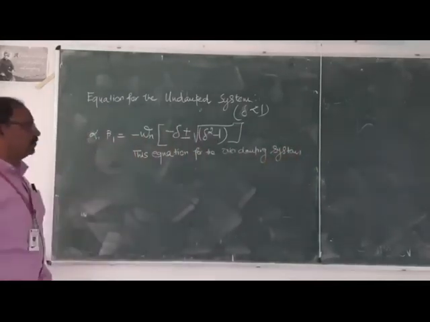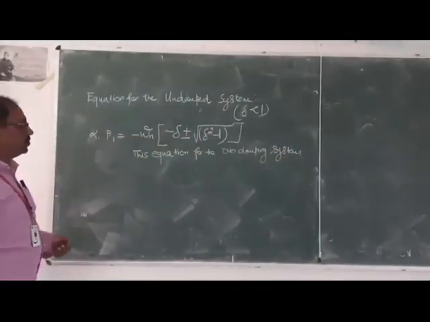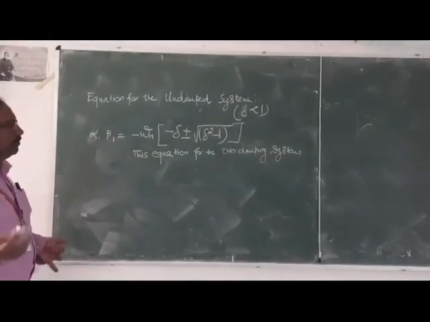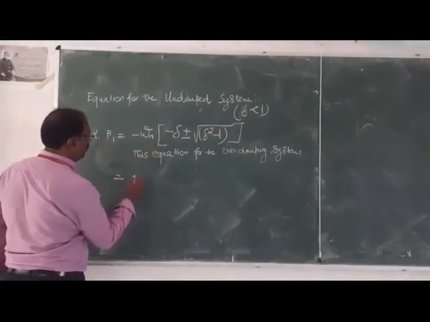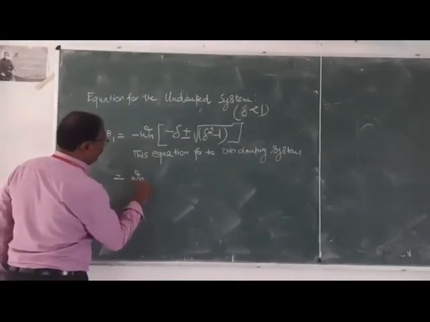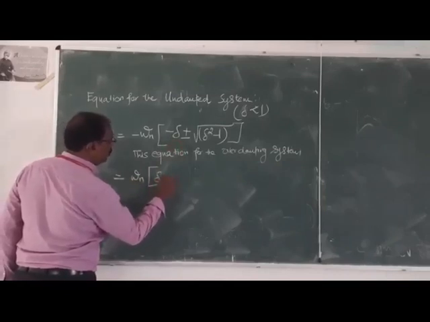That means if I need an underdamped system, rho is less than 1, so I am taking minus 1 from this equation, then it will become omega n rho plus or minus.